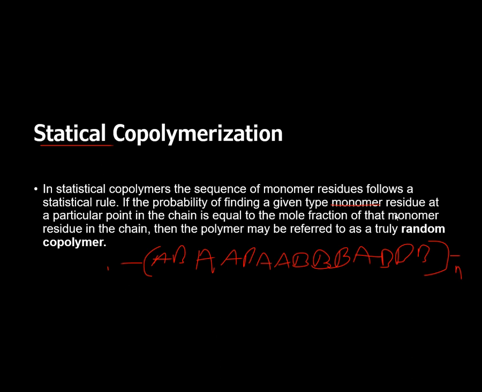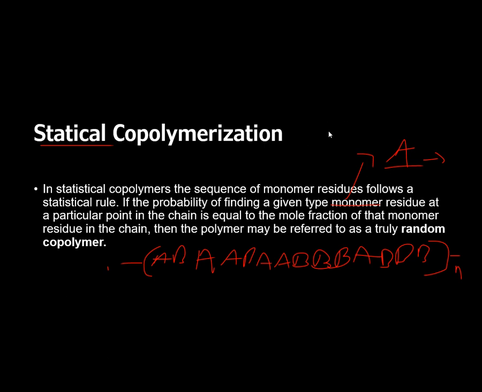What they're saying is that the probability of finding a given monomer, let's say it's A, as a residue at a particular point in the chain is equal to the mole fraction of that monomer.